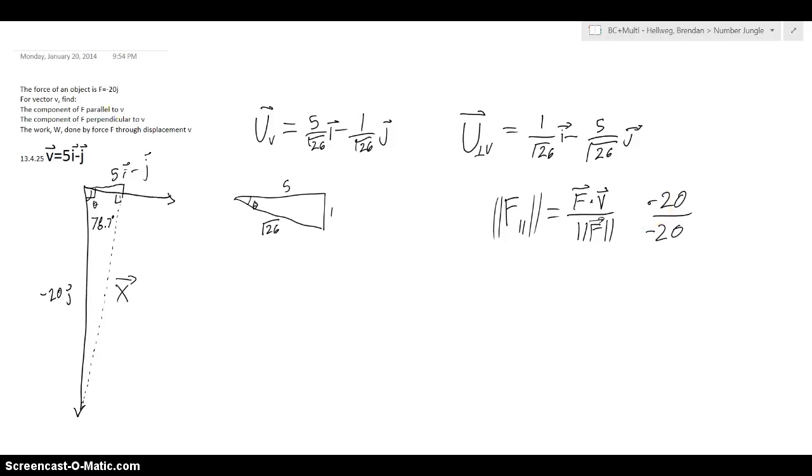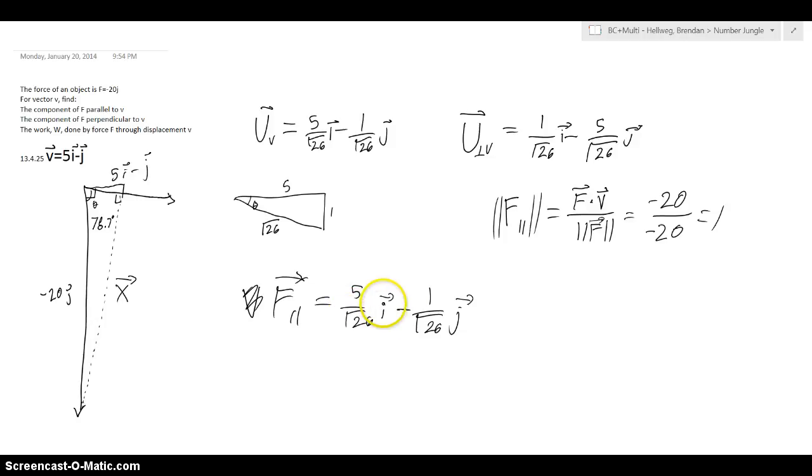And so that will be 20 over 20, which equals 1. In fact, this will be equal to the unit vector. We can just write F parallel equals 5 over the square root of 26 i minus 1 over the square root of 26 j.